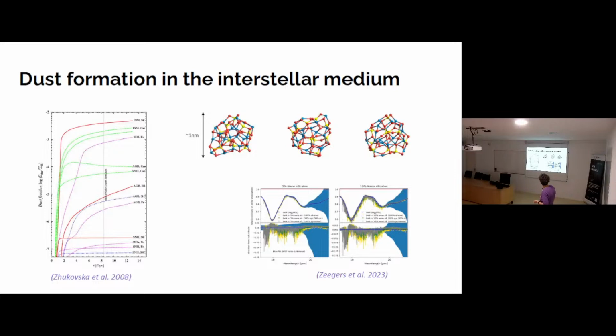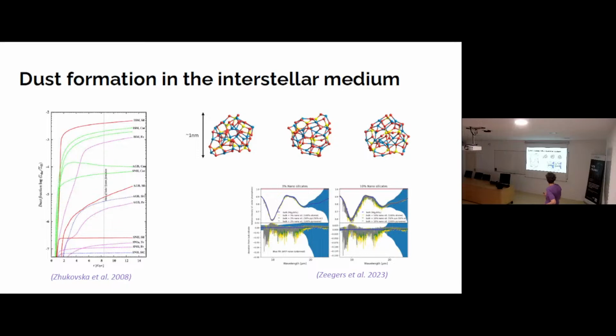But if you look at the lines that grow the fastest, it seems that this red line, the growth of grains in the interstellar medium, is the main contributor of dust in this model, already from very early on.